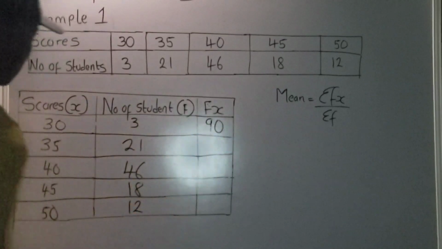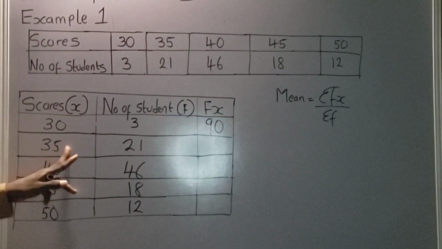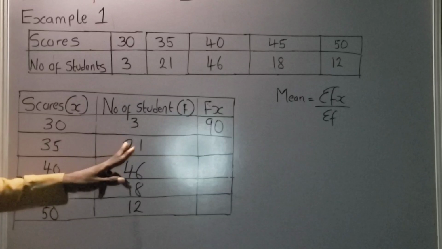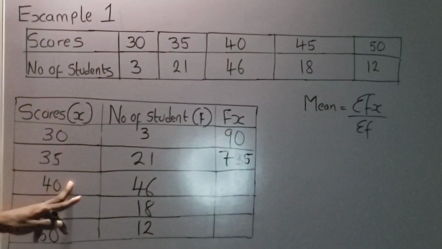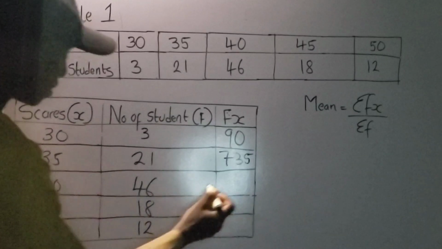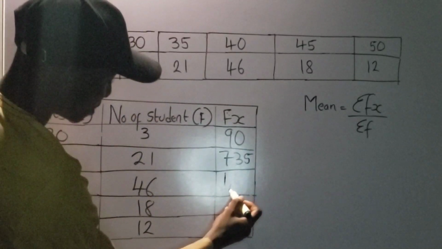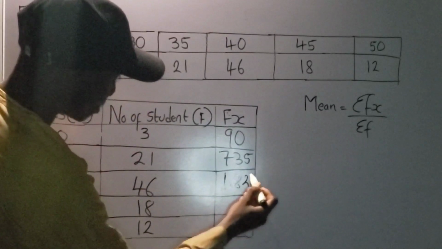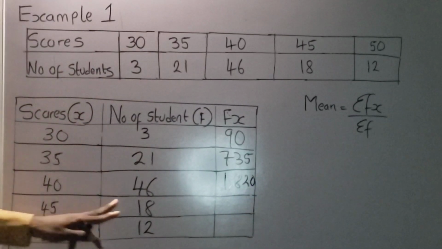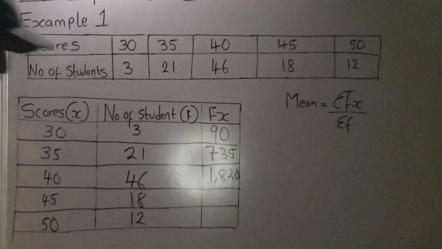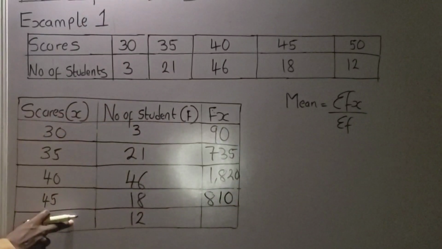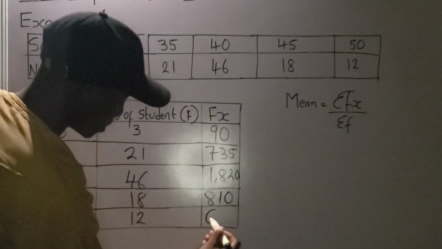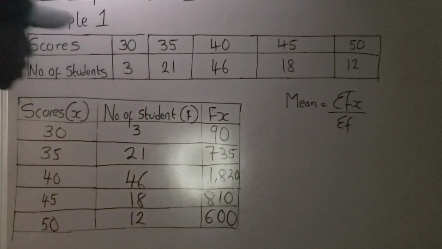For the next, 35 multiplied by 21, 735. 40 multiplied by 46, 1840. 45 multiplied by 18, that is 810. 50 multiplied by 12, that is 600.